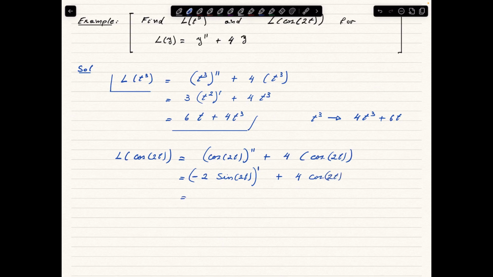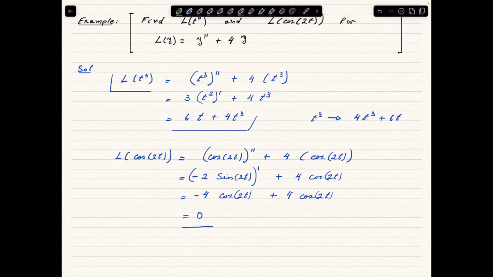And now one more derivative. The derivative of the sine gives back the cosine multiplied by 2, so we have negative 4 cosine of 2t, and here we have plus 4 cosine of 2t. So we can cancel these two terms, and this is 0.